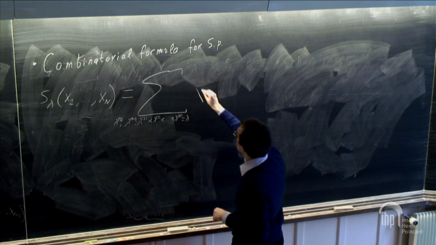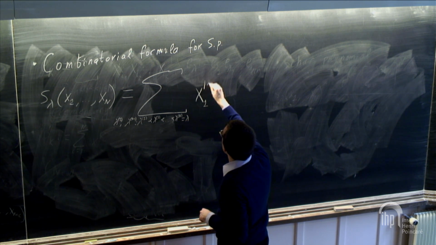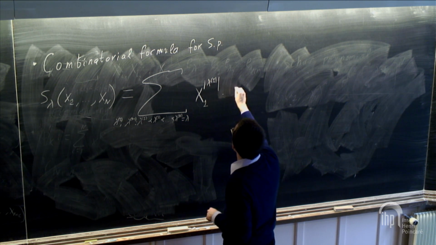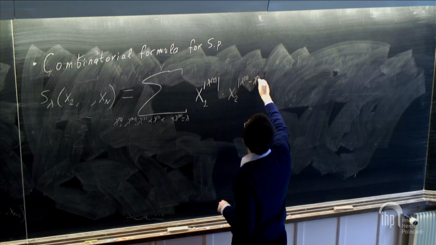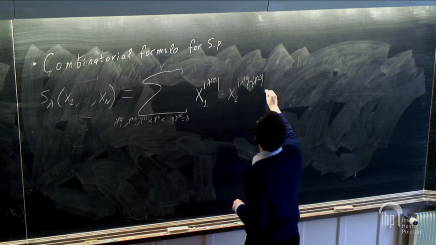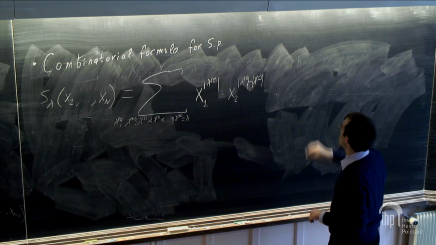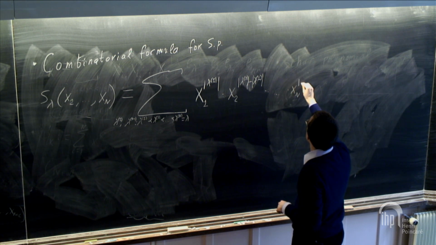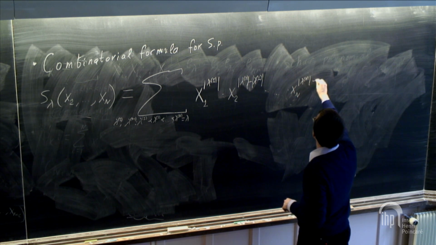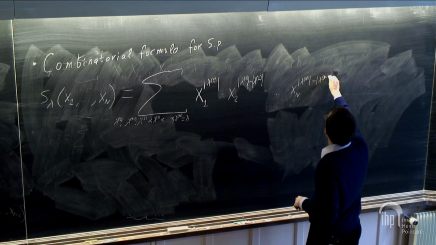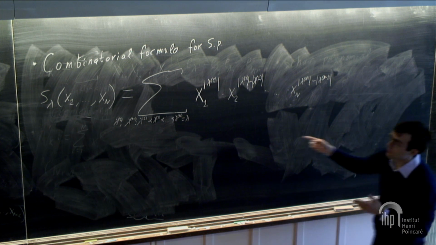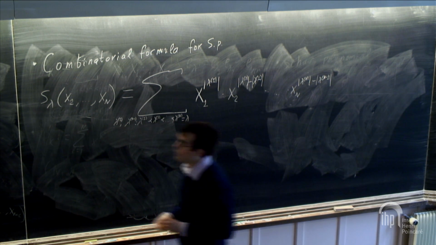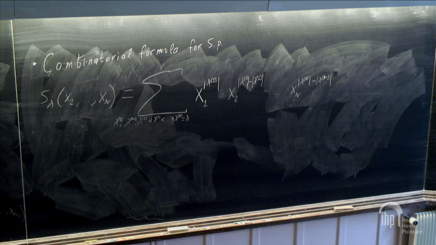And here I should write x1 to the lambda 1, x2 to the lambda 2 minus lambda 1, and so on, xn to the lambda n, which is fixed, minus lambda n minus 1. So I obtained this formula just by applying this statement for this Schur polynomial, then for the Schur polynomials that are obtained after this, and so on.